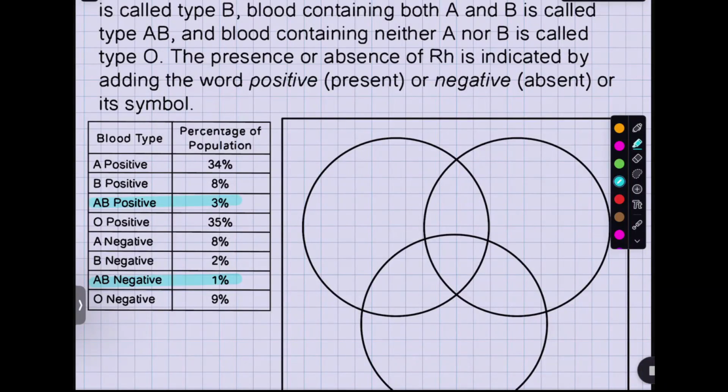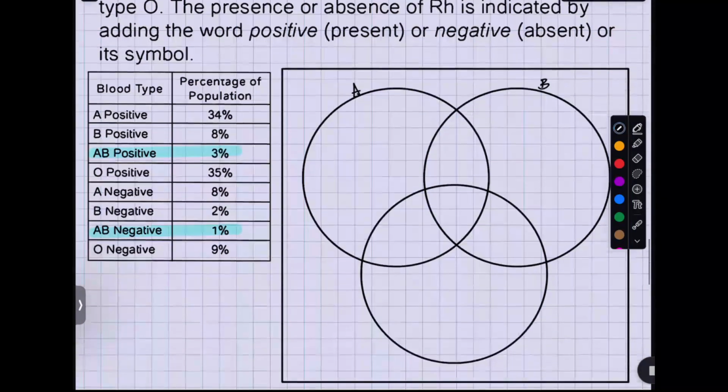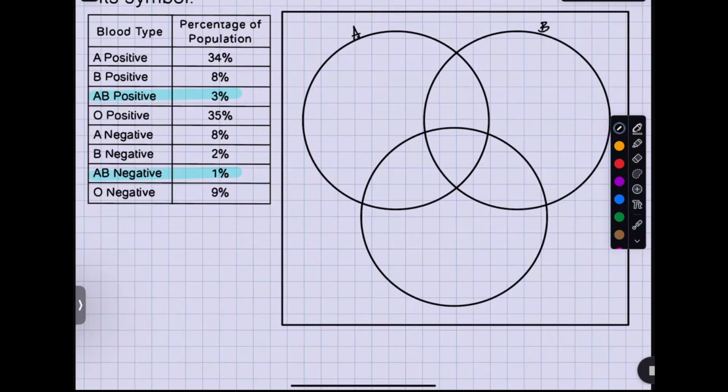So it contains A and B. Huh? Look at the two I highlighted.